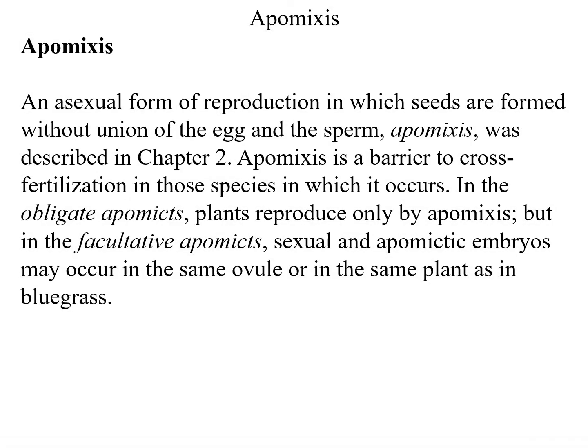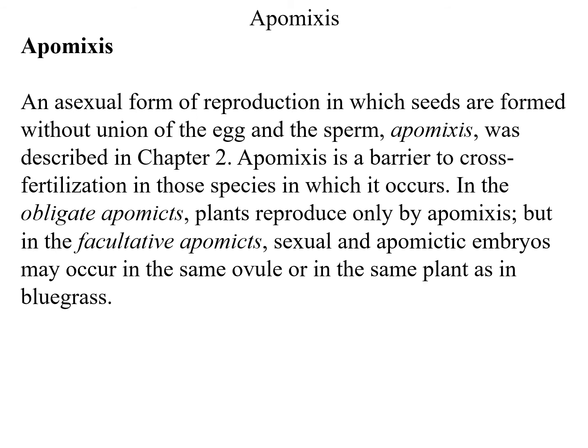As you know, in the beginning of this chapter, one of the main uses of fertility or infertility mechanisms, such as incompatibility or male sterility or cytoplasmic male sterility, is that we are promoting cross-pollination and reducing selfing.